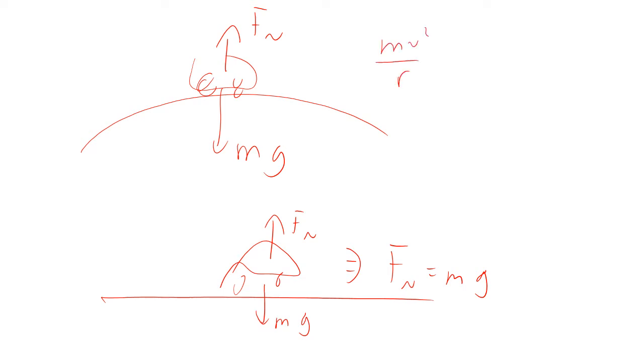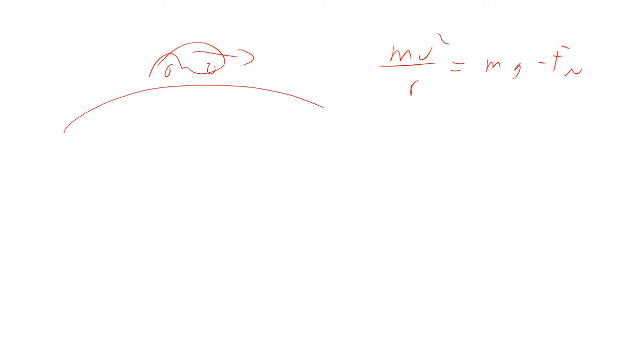That's a downward force. Well, what's pulling down? mg is pulling down and the normal force is pushing up. So mv squared over r equals mg minus fn, for a car that's driving over a hill.